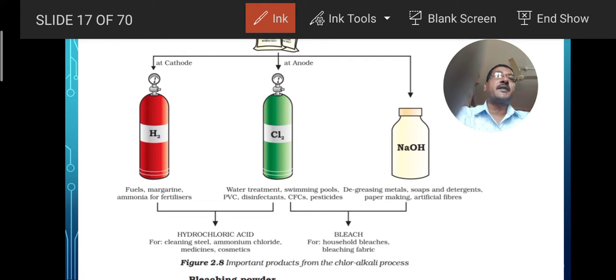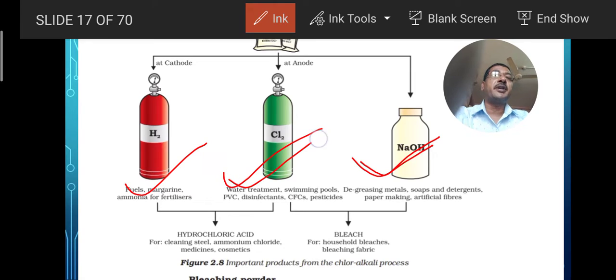It means in this electrolysis of brine, we get three things: hydrogen, chlorine and sodium hydroxide.